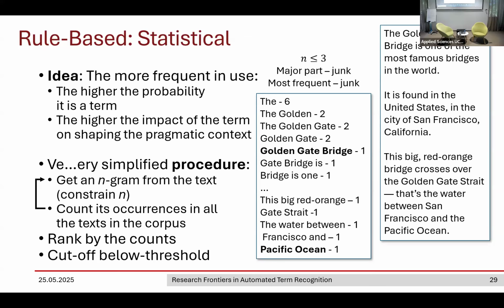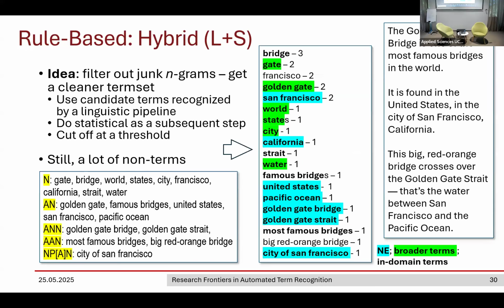So to improve on that, the hybrid steps in. What people do in linguistic-statistical hybrid methods is they first do linguistic processing and arrive at a list of noun phrases, the n-grams that are noun phrases, for instance, like here. Then you filter out all the stuff which does not satisfy the chosen lexicosyntactic patterns.